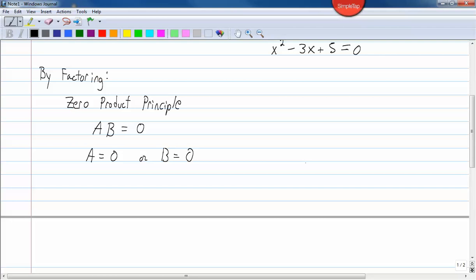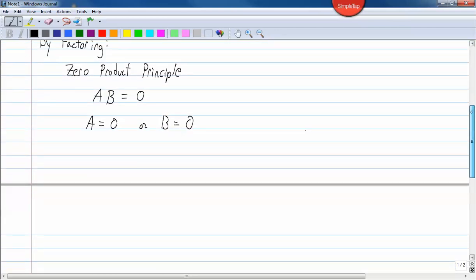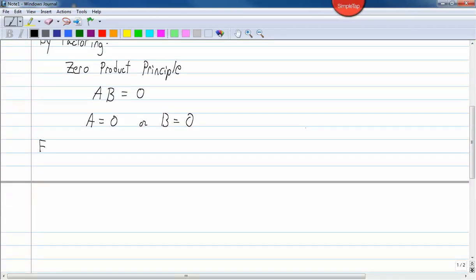Okay, for example, let's say, and I'll start out with a pretty straightforward example. Let's say that I had x plus 1 times x minus 2 equals 0. So I didn't have to factor on this one.